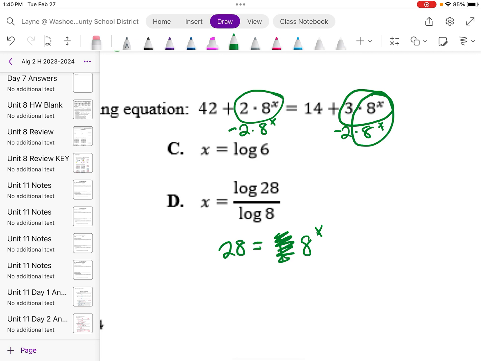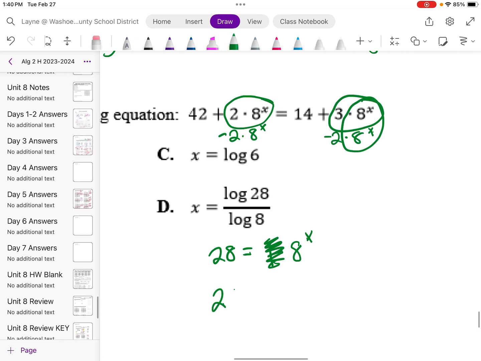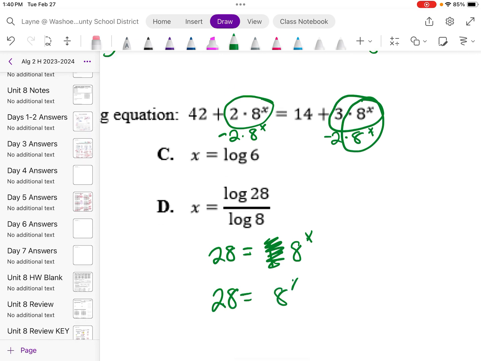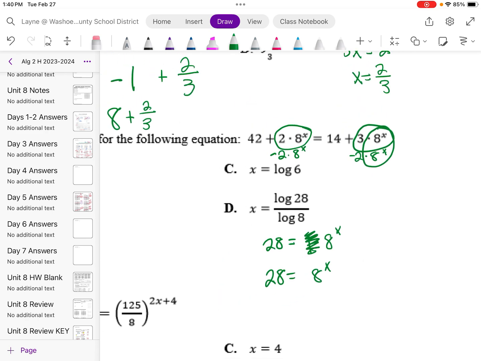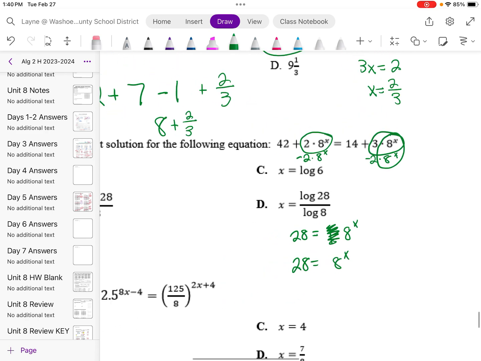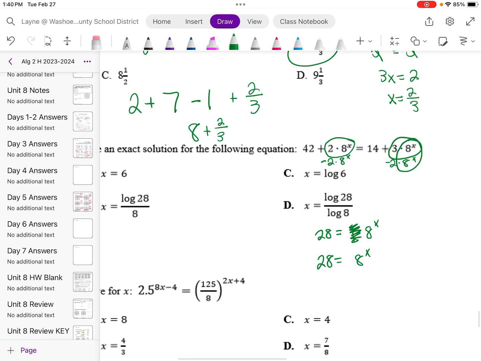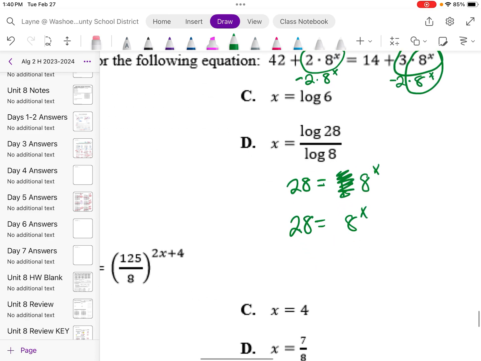So we got like terms together on each side. We have 28 equals 8 to the x. Now is when we're going to either solve by logging both sides or do the loop method to get x by itself. I'm just going to solve by logging both sides. I think that's how the answer is going to look most like.